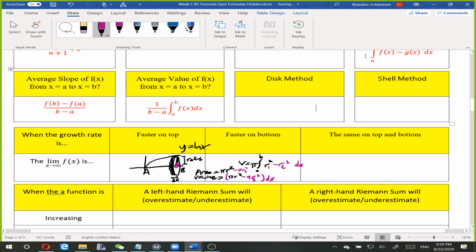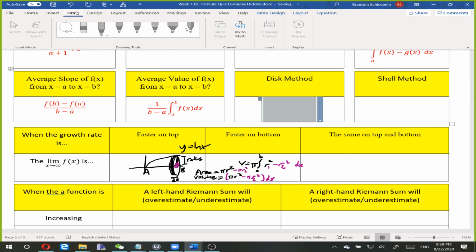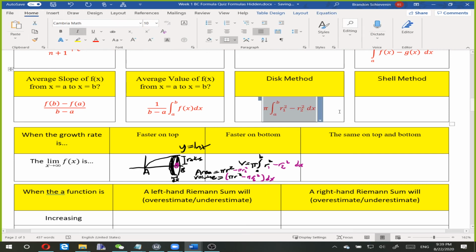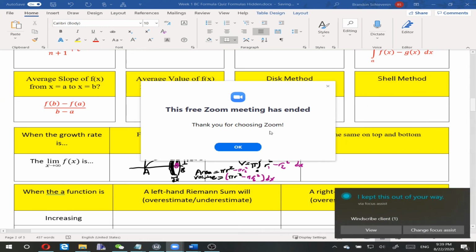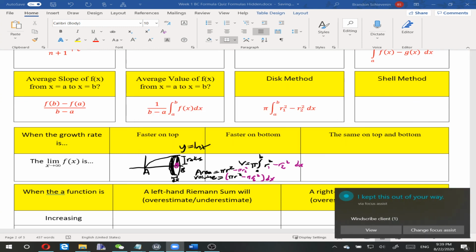I'm going to flash our disk method again. So here's what it looks like. I've got pi times the integral from a to b of r1 squared minus r2 squared dx, where r1, okay, start that back up.